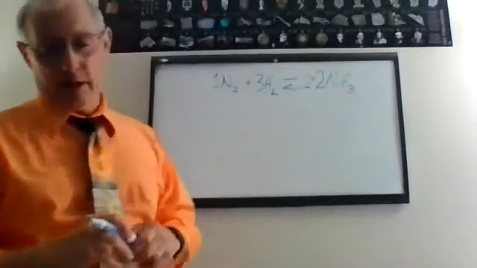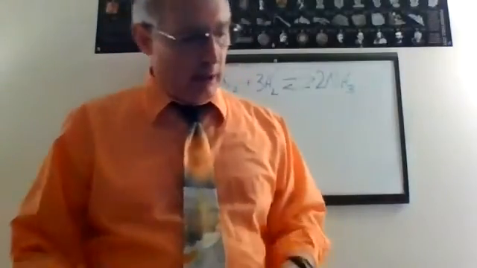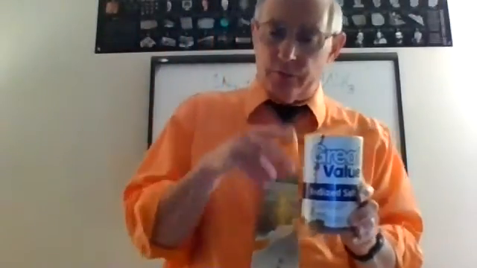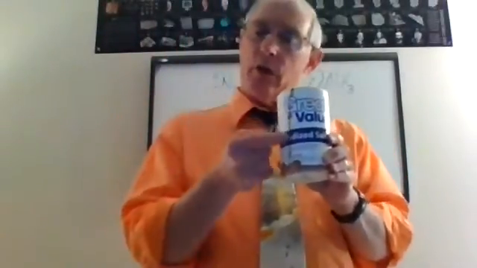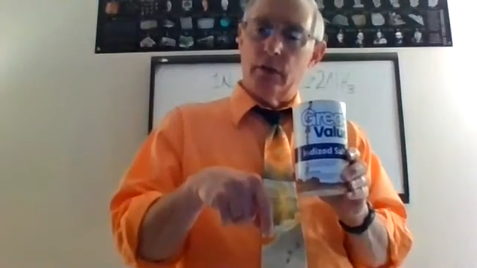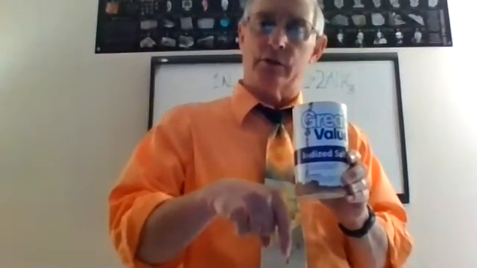Now, let's talk about equilibrium. Whenever we were dissolving salt, okay, there came a point in a closed system where the salt would recrystallize after it's dissolved at the same rate at which the salt would redissolve into solution.